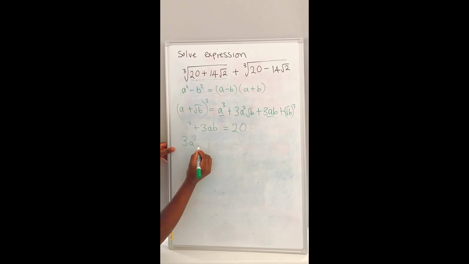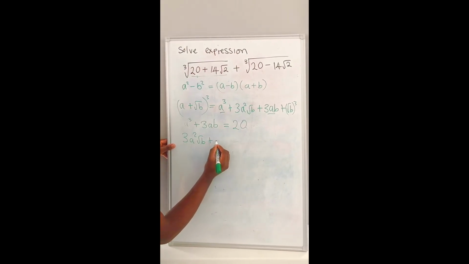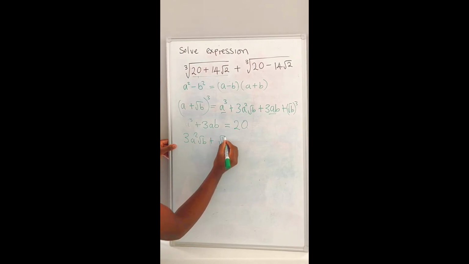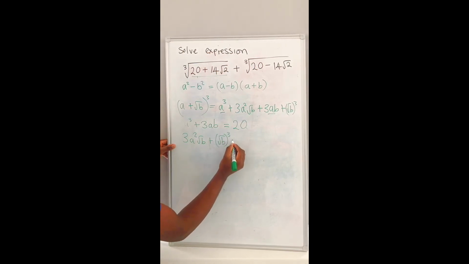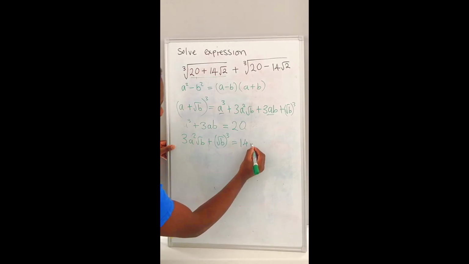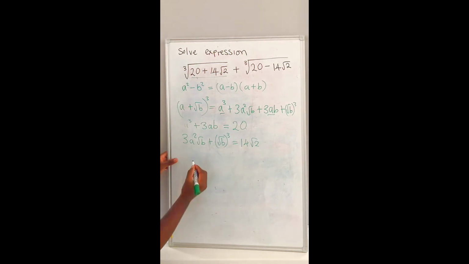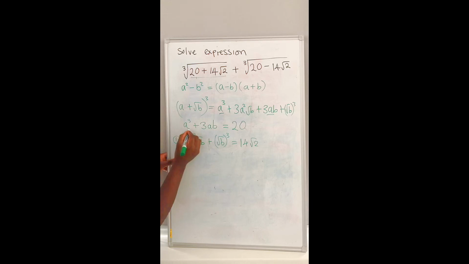3a squared root of b plus root of b cubed, this should give us 14 root of 2. So here we first expand this one.